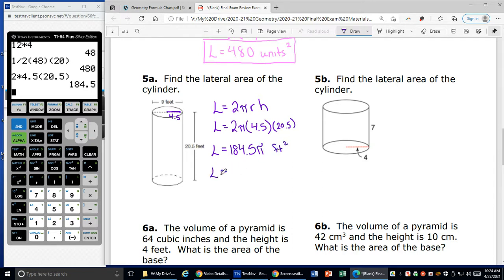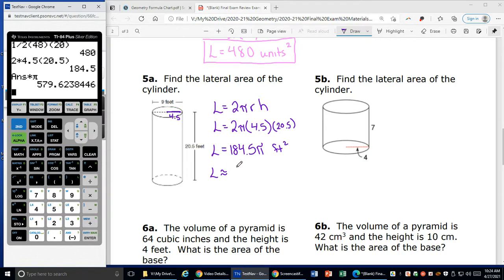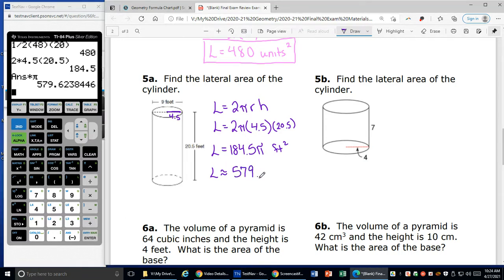My approximate answer, if I multiply this times pi, is 579.624 square feet.